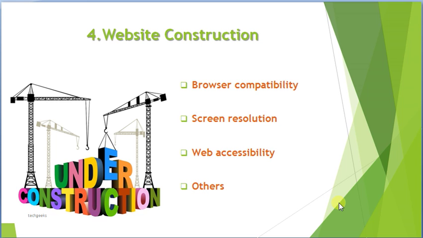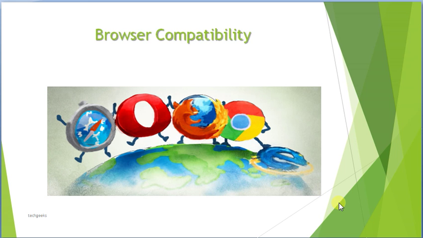Now we will see browser compatibility. See, a browser is software. It is used to display a website on your computer. Many people use different browsers. I use the Chrome browser to browse anything on the internet. There are many browsers like Internet Explorer, Opera, Firefox, Chrome, AOL browser, Netscape, and so on.